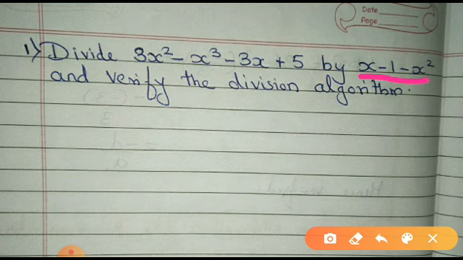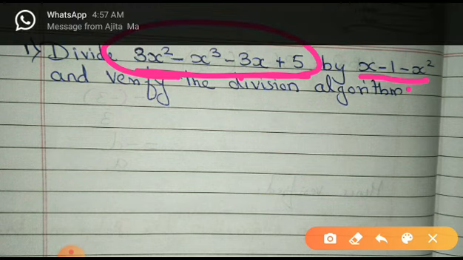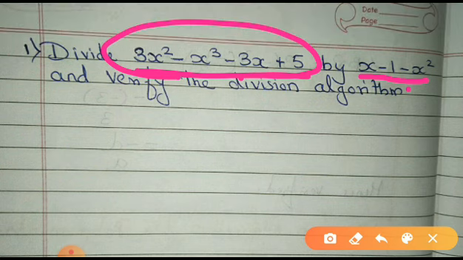So what can I write here? For this I have to divide this by this. So which polynomial is this? It is the dividend. So may I write the dividend, that is here p of x. I can write the degrees in descending order.